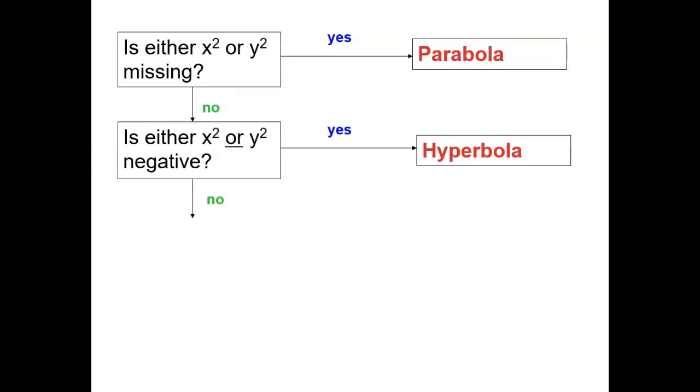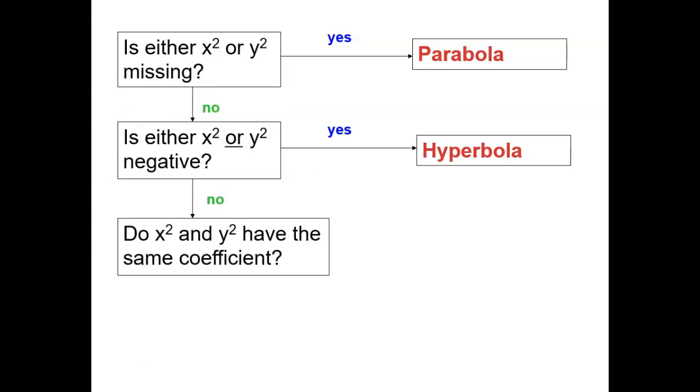If you said no to that question, then the next thing you would want to ask yourself is, do x squared and y squared have the same coefficient? If you say yes and they have the same coefficient, which could be -2, -2, or could be +4, +4, then you know it's a circle, because a circle is going to have the same coefficients, so that, if you will, the major and the minor axis would be the same length and make a circle, not an ellipse.